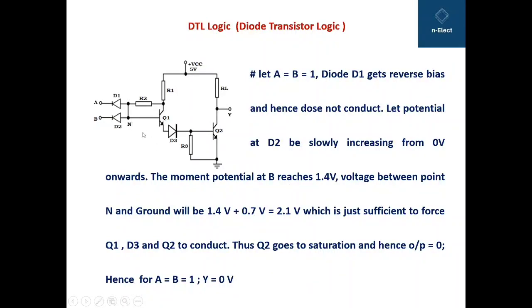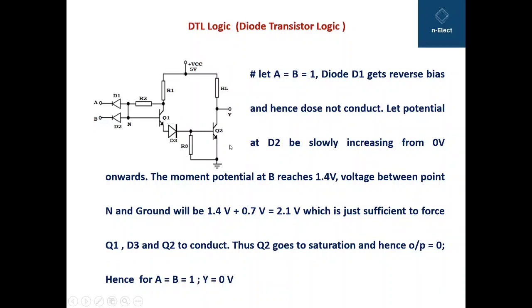The moment the potential at B reaches 1.4 volts, the voltage between point N and ground will be equal to 1.4 plus 0.7 across the diode, that gives 2.1 volts, which is just sufficient to force Q1, D3 and Q2 to conduct.